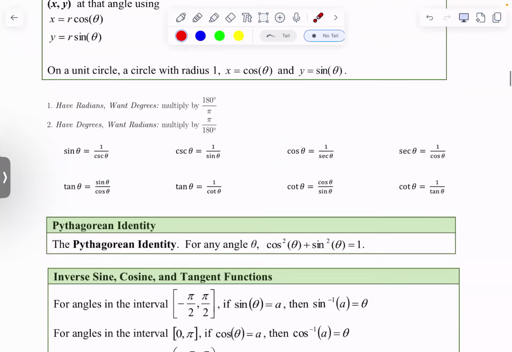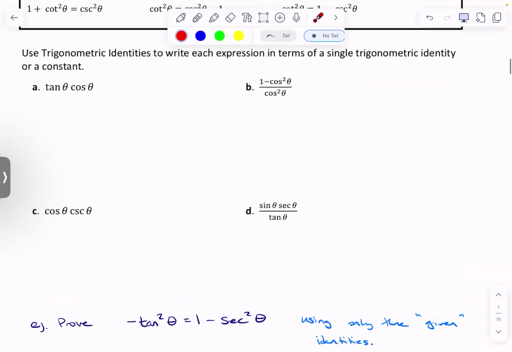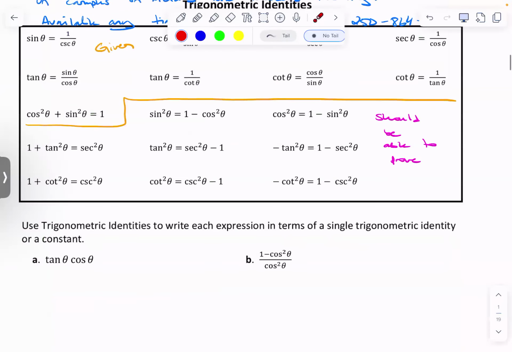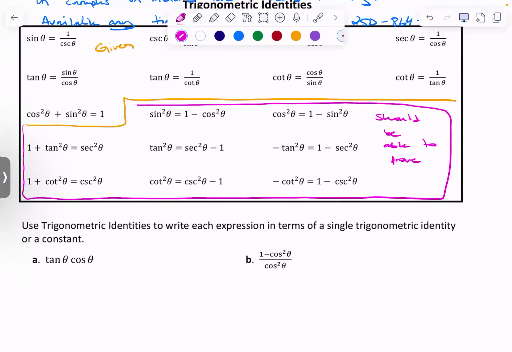We use that fact a lot. Okay. And for practice, you should be able to prove all of these that are in the pink section, let's call it. Okay. So this section is given on your formula sheet.